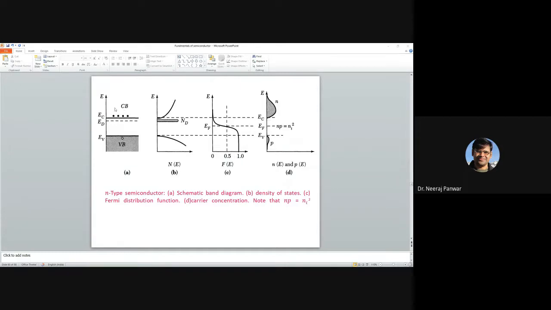Since it is an n-type semiconductor, the electrons are given by the donor atoms. So the electron concentration is very large, and you can see the area under the curve is very large. Here you see the hole concentration is very small, so the area under this curve is very small. But still, this relation holds good, that the product of electron concentration in the conduction band with the hole concentration in the valence band is equal to ni square.